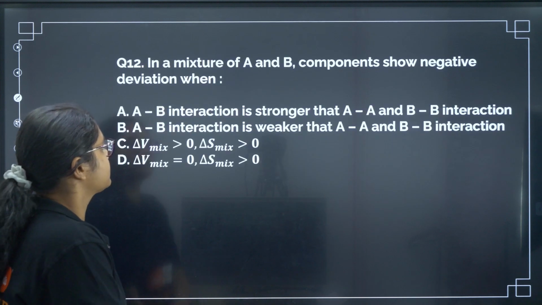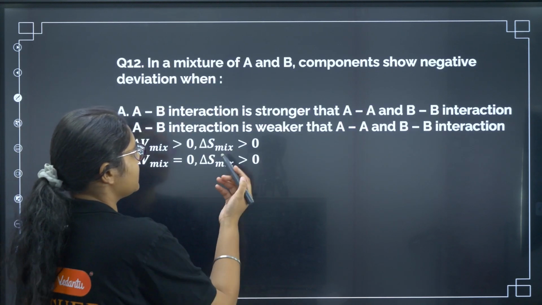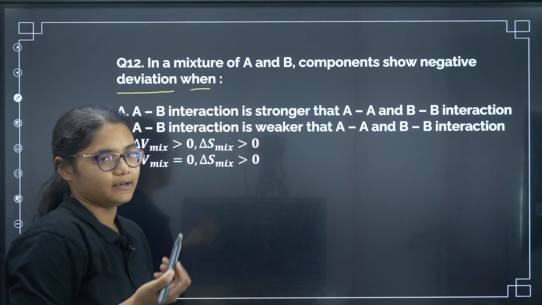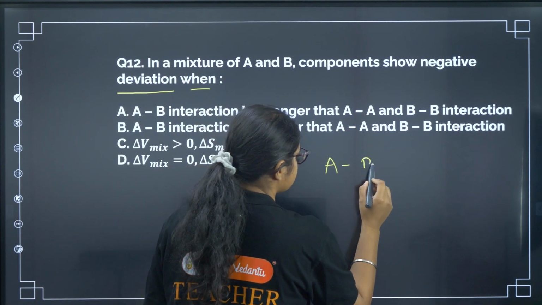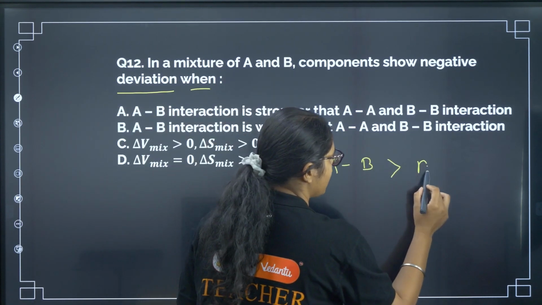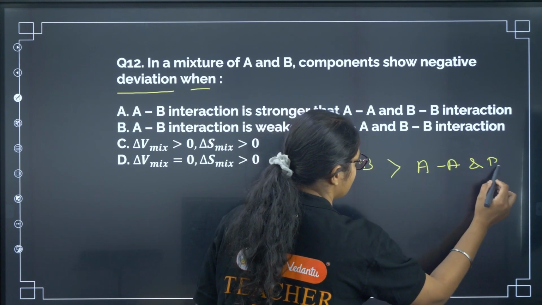Next question. In a mixture of A and B, the component shows negative deviation when? Negative deviation comes when the interaction between A and B is stronger than the interaction between AA and BB.